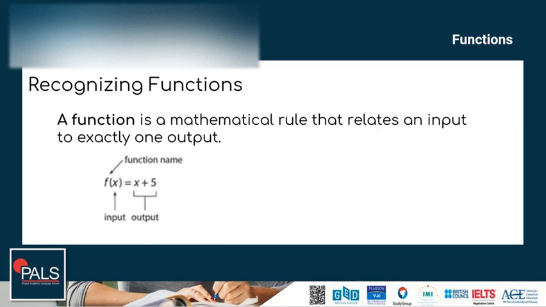Then this is the function. F of x is equal to x plus 5. F is the function name, and x is the input. Then x plus 5 is the output. Again, a function is a mathematical rule that relates an input to exactly one output.